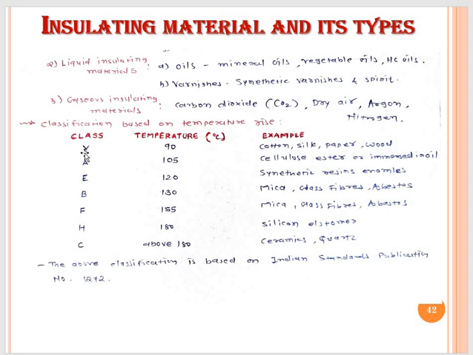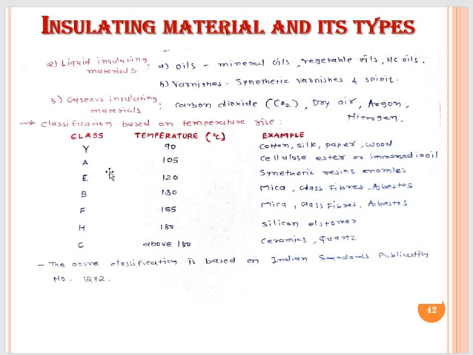First of all, Y class. Y class has a 90 degrees Celsius temperature capacity, and in this type, cotton, silk, paper would be there.